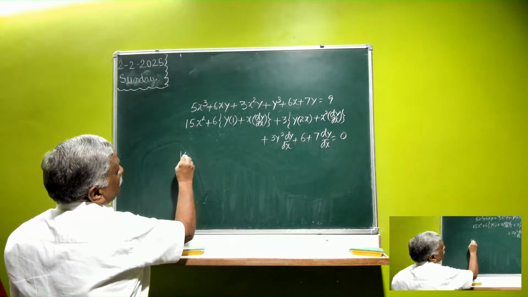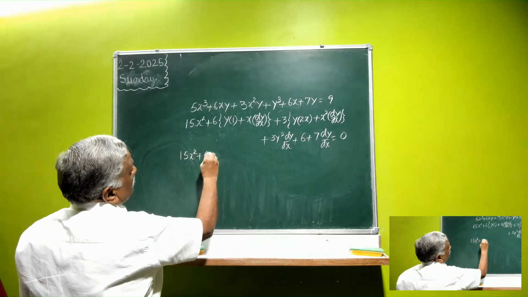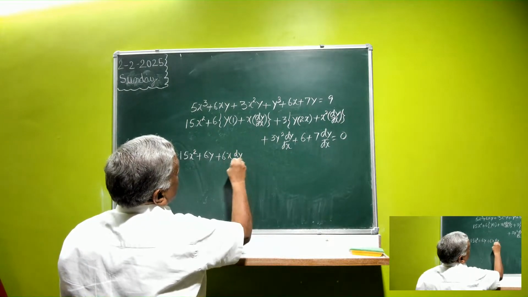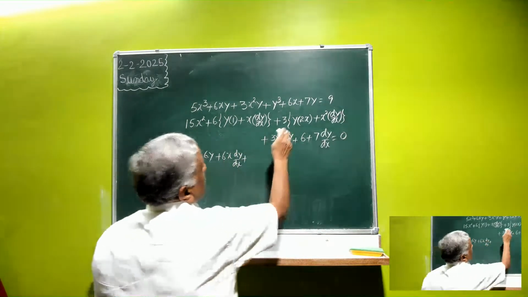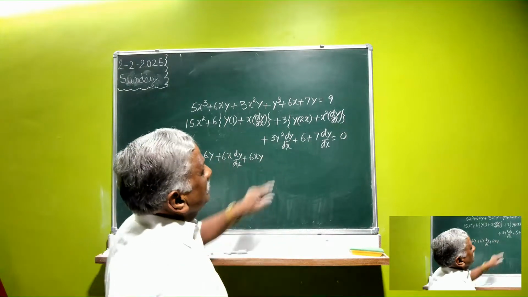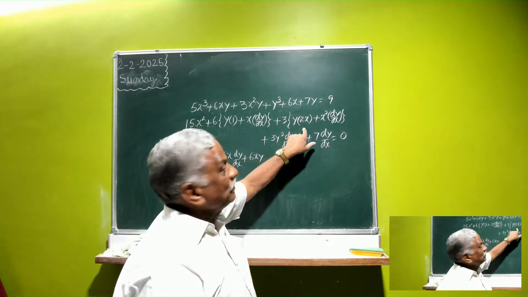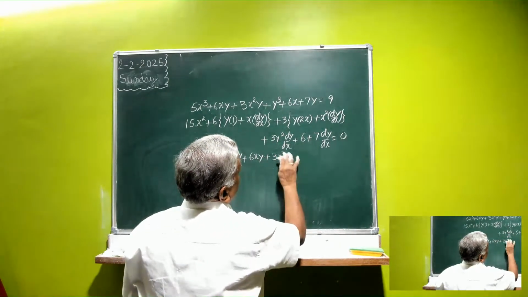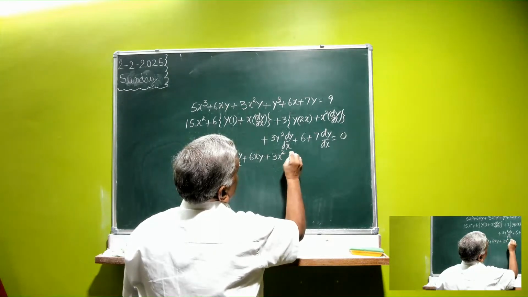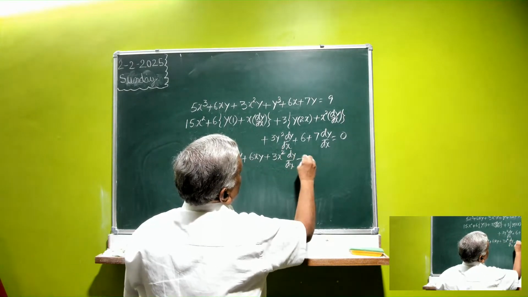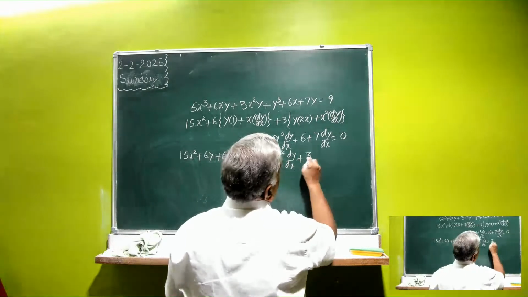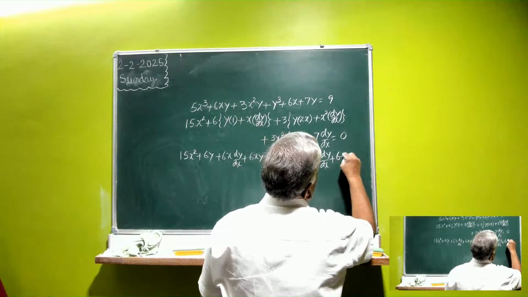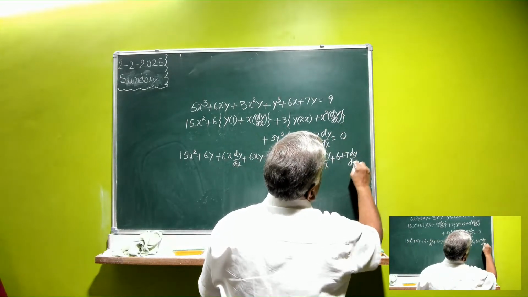So we have got 15x square plus 6y plus 6x dy by dx plus 6xy. 2 into y is 2y, into x is 2xy, into 3 is 6xy, plus 3x square dy by dx plus 3y square dy by dx plus 6 plus 7 dy by dx is equal to 0.